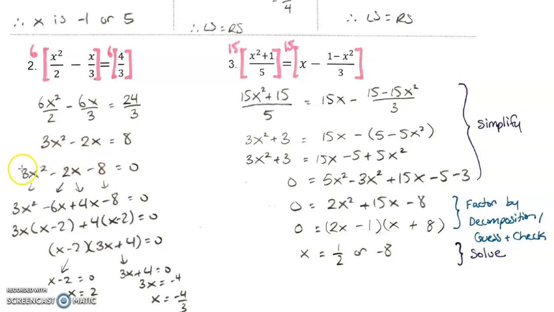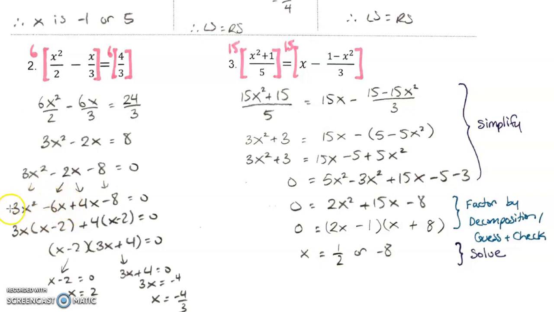Two numbers that multiply to the 3 and the -8, so -24, but add to -2 are going to be -6 and +4. So we put those there with the x's and bring down the 3x squared and the -8. Then you're going to factor by grouping the first two.